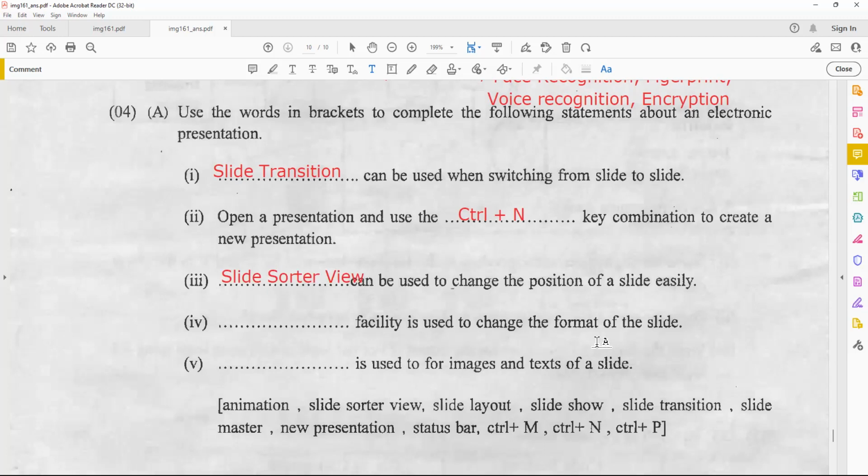If you want to change the format of the slide, yes, that means two contents, title and content, title slide, and so on. This is called slide layout, right? So this is called slide layout. Is used for images and text. So what is used for?